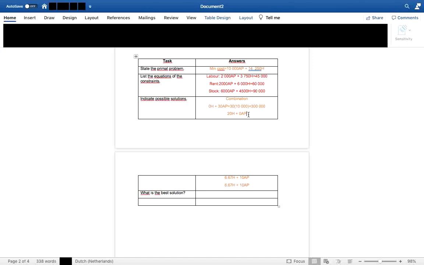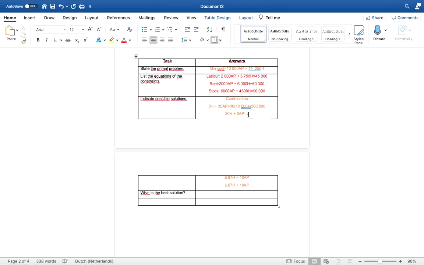And then the next solution is going to be 20 times 14,250, which is equal to 285,000.